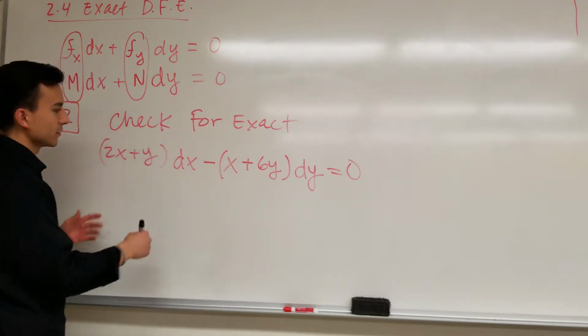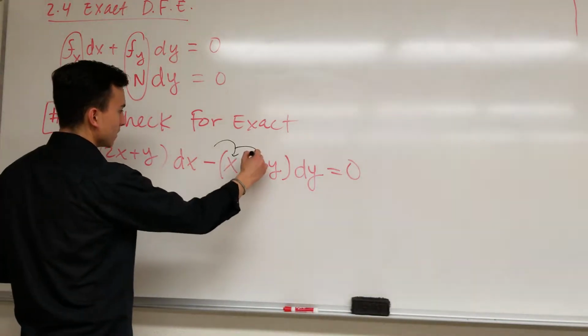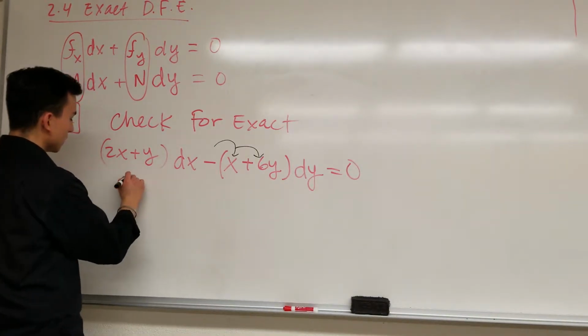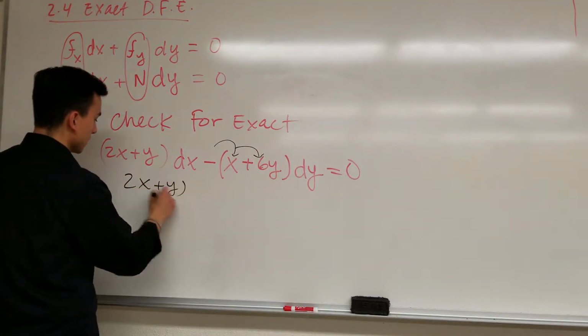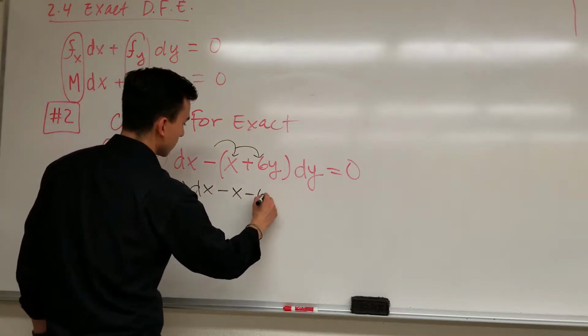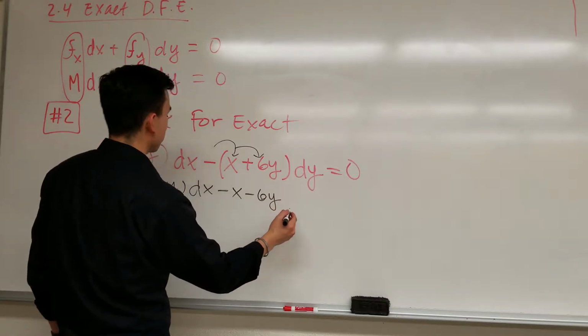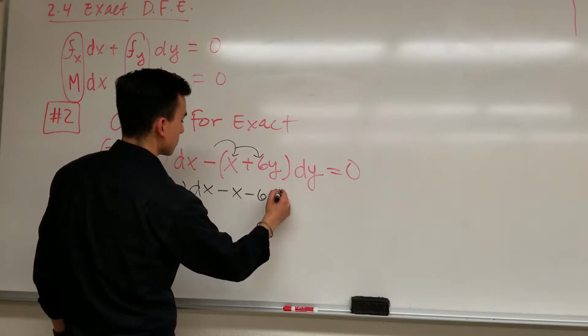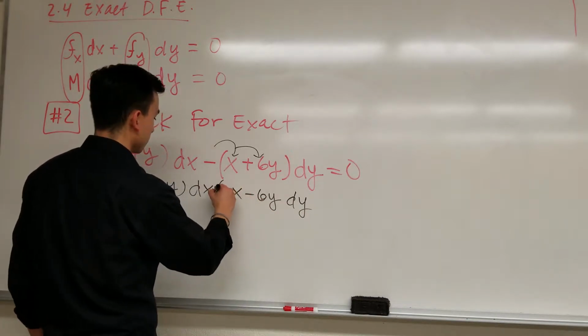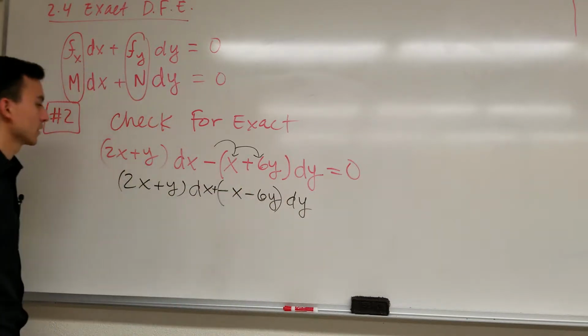So the first thing I'm going to do is distribute that negative because that does apply to both of them. So that's just going to be 2x plus y dx minus x minus 6y dy. Okay?